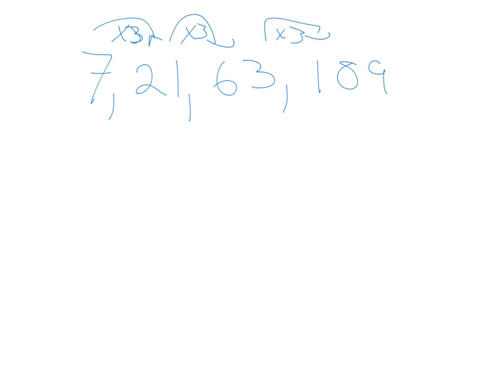So the recursive formula is whatever term we're looking for, a sub n, is going to be equal to the previous term, a sub n minus 1, times the ratio 3. That's the recursive formula, recognizing that the first term is 7.